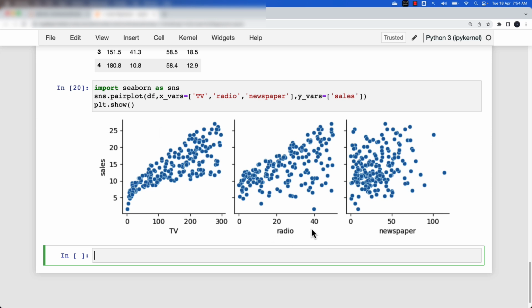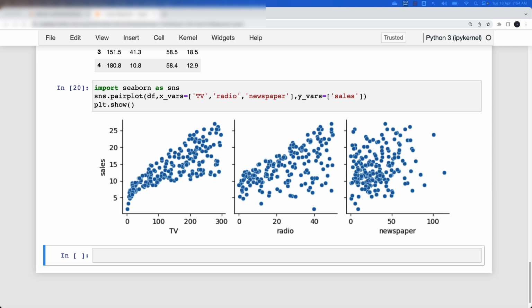And there is a loosely linear relationship between the radio and sales. And between the newspaper and the sales, there's not much of a positive linear relationship. That is what we can clearly observe in this case, that is the pair plot.